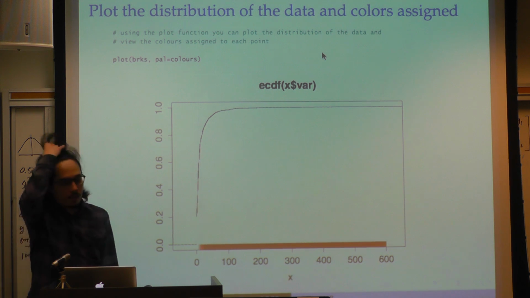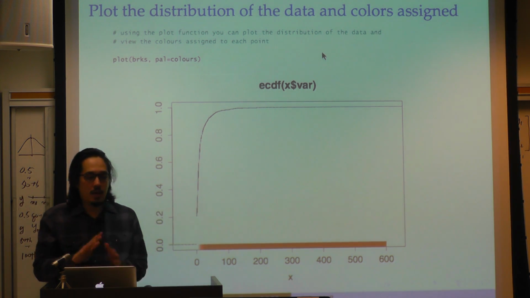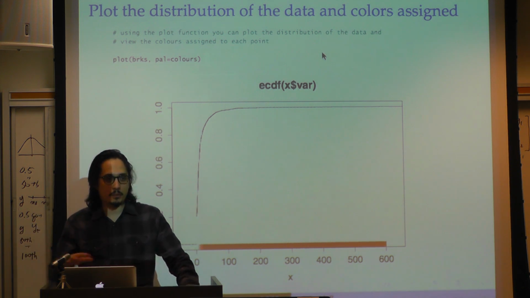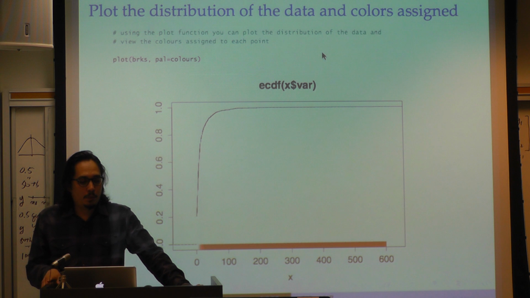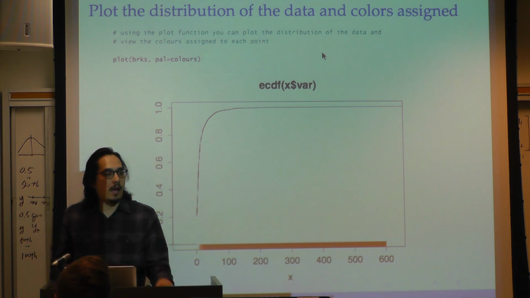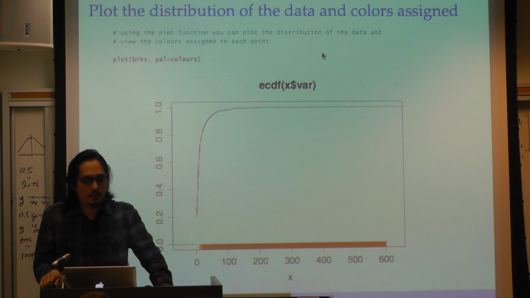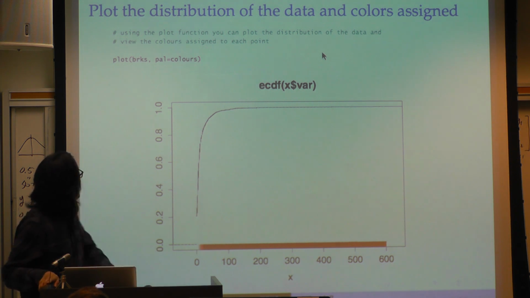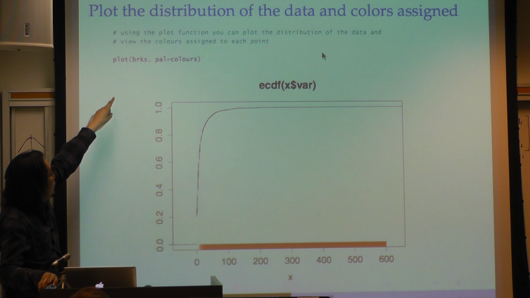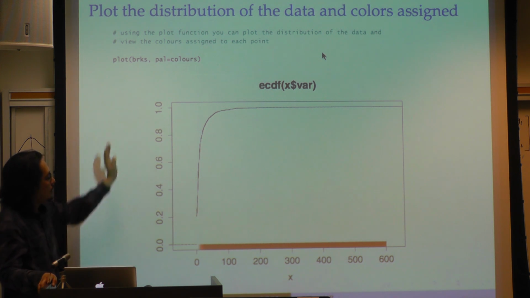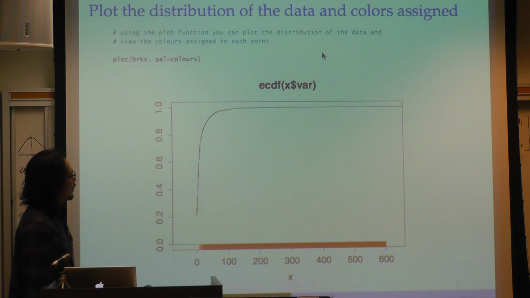Now, if you want to have a sense of how your map will look, or whether your breaks make sense, you may want to plot the distribution of the data and the colors associated to the data. To do that, you simply use the plot function for breaks and specify the palette equal colors. And you can see here the distribution.